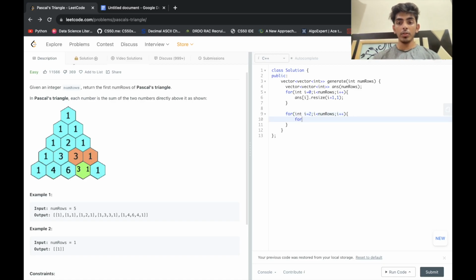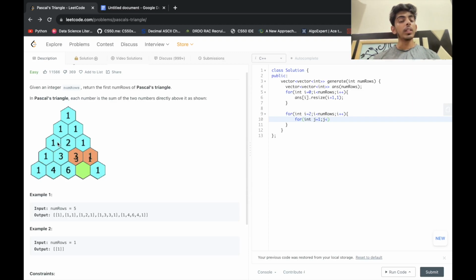After that we iterate over the columns as well to perform the calculation. It will start from 1, because at the 0th index of each row we have 1 only. We keep doing calculation till we reach the ith row, so this i is 2.